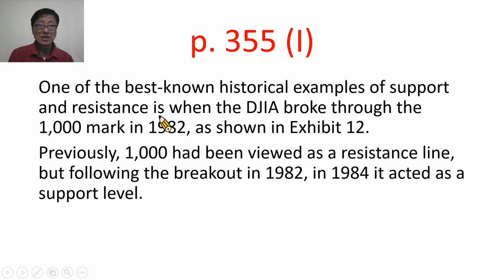我们再来看下一个，355页，他说 One of the best known historical examples of support and resistance is when the Dow Jones Industrial Average broke through the 1,000 mark in 1982 as shown in Exhibit 12.